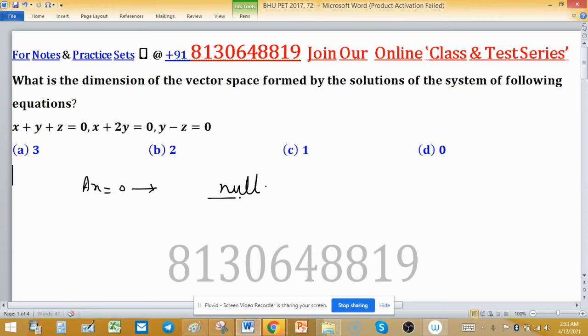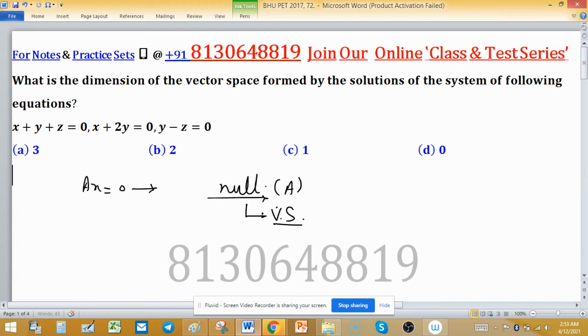So the solutions that satisfy this system Ax equal to 0 will be in the null space of A, meaning all solutions of this system, and this null space will form the vector space.